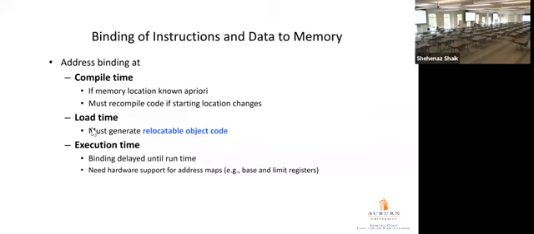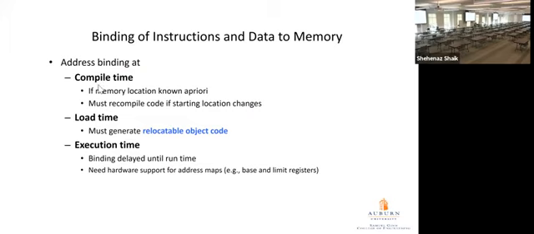Otherwise, if we know a priori the actual memory locations where the program and data are going to be available, then we should be able to provide those addresses at compile time itself. In other words, we should be able to convert the relocatable addresses to the actual physical addresses, or absolute addresses, during compile time.